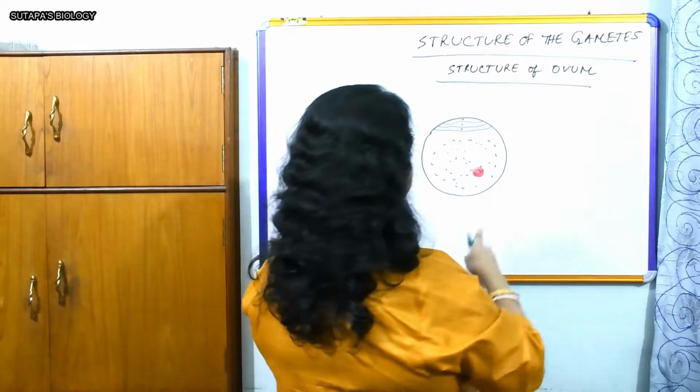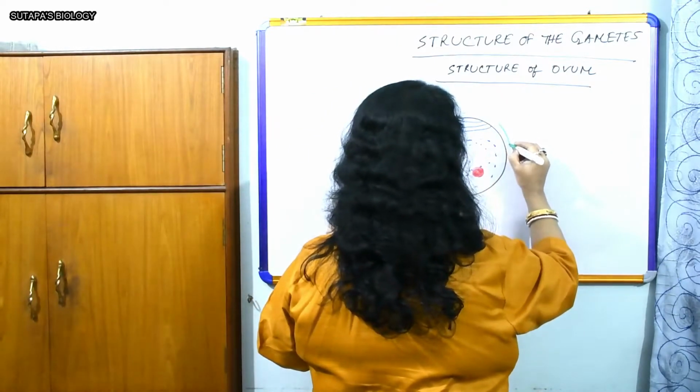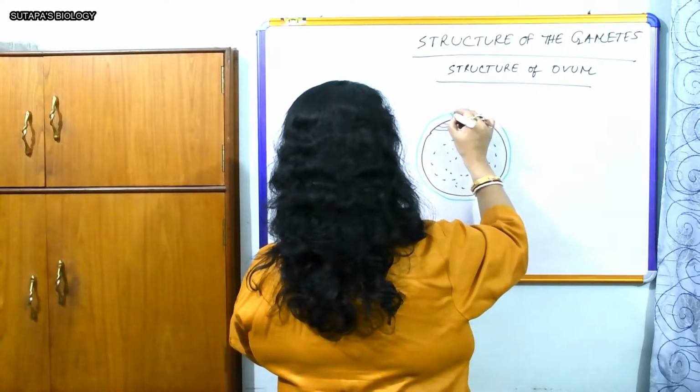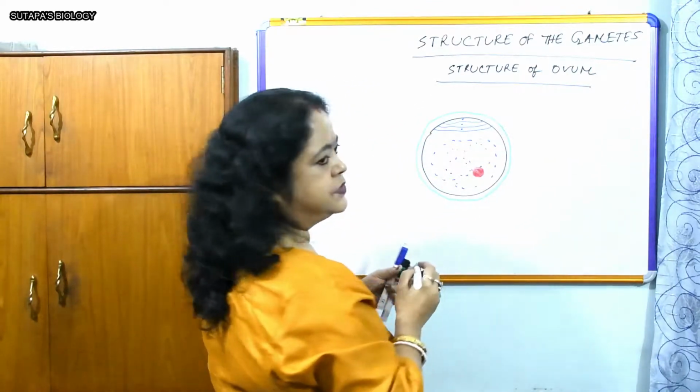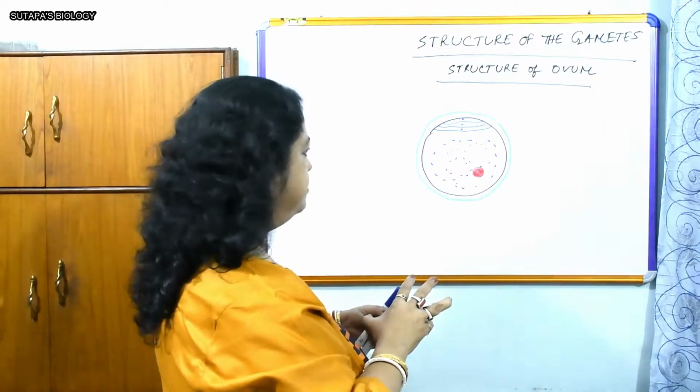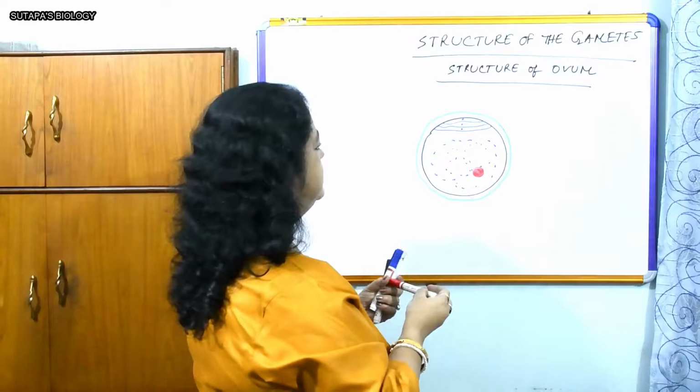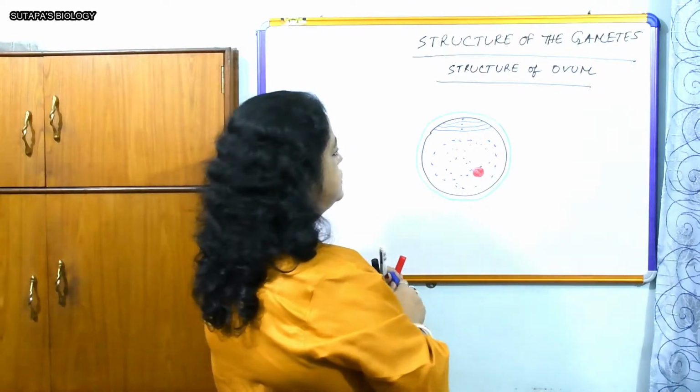Next is the zona pellucida. I am going to discuss the role of these layers also. This is the zona pellucida, and just outside of this there are many radiating cells which are not so compact.